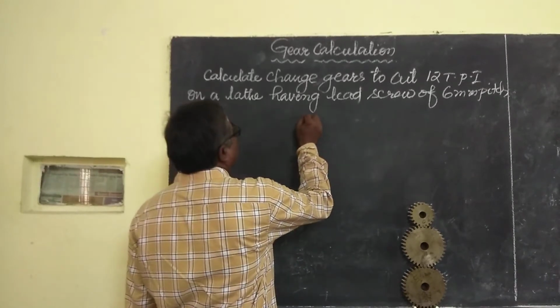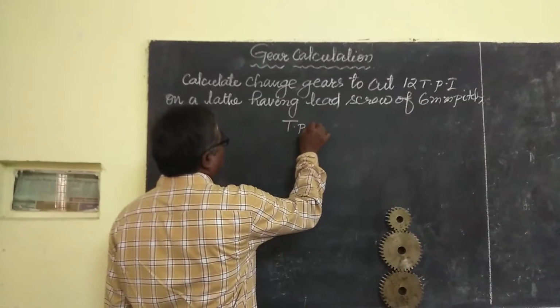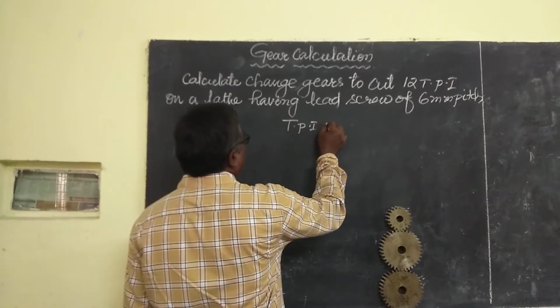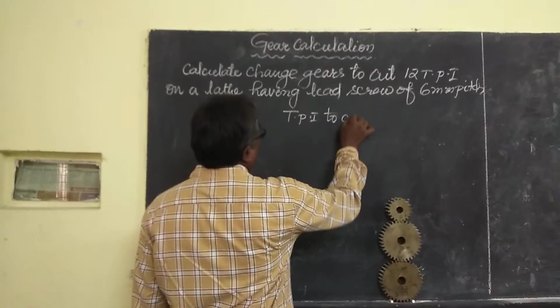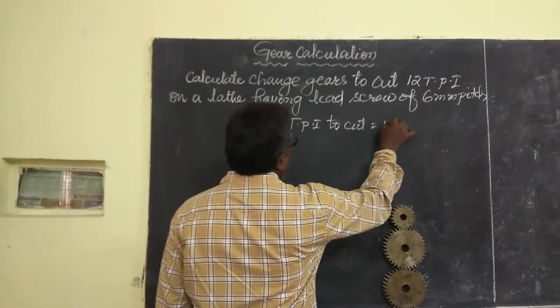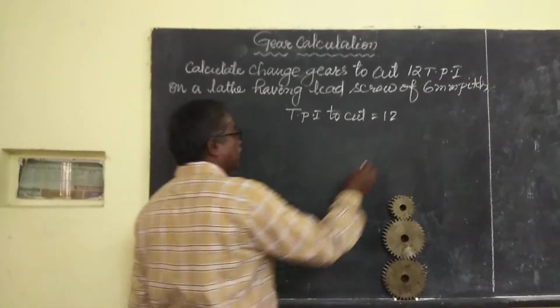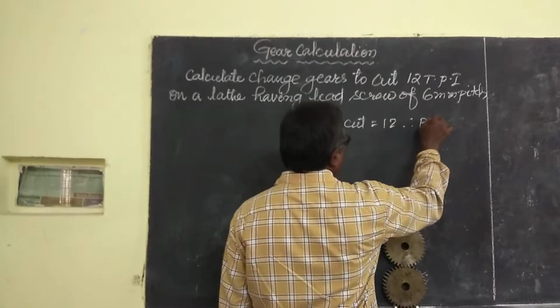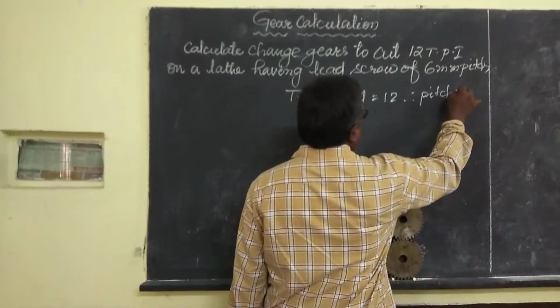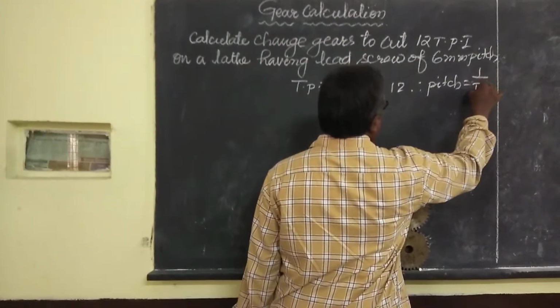Here, TPI to cut. Therefore, pitch is equal to 1 by TPI.